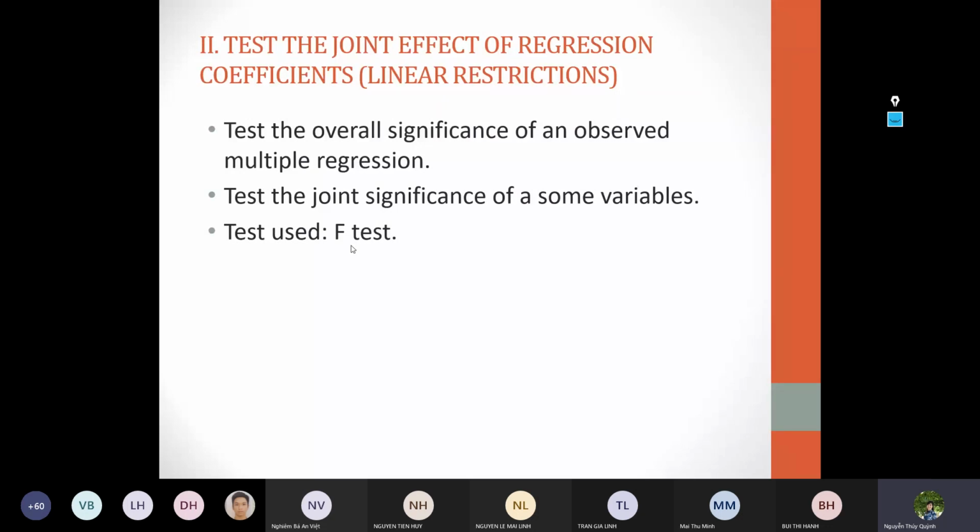It is proven that a test statistic that can test the null hypothesis will follow an F distribution. That's why for this test, we will not use the t-test anymore, and the test that we use in this part will be an F test. So now let's look in more detail at what we will do here.